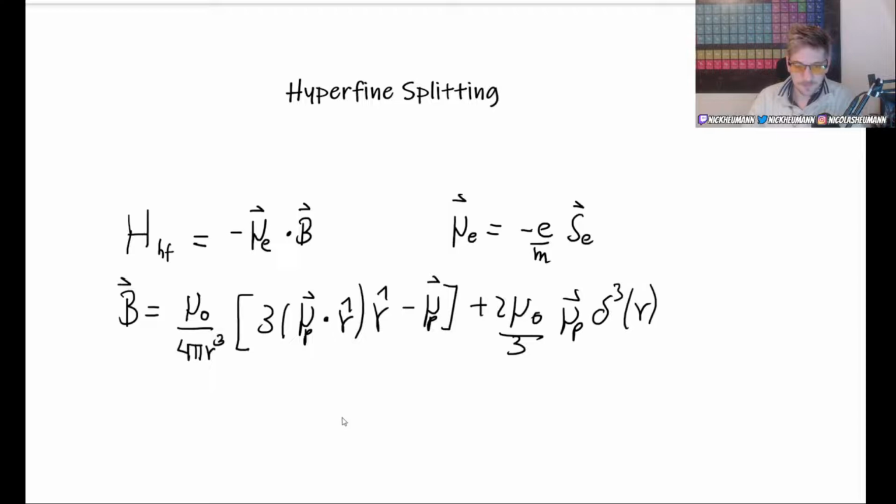All right. Now, what is this mu_p? What is the magnetic dipole moment of the proton? Well, unfortunately, we can't really do the same procedure that we did for the electron because the proton is a composite structure. It's made out of 3 quarks, and the same procedure just isn't valid. And it was already questionable before because it was a semi-classical approach.